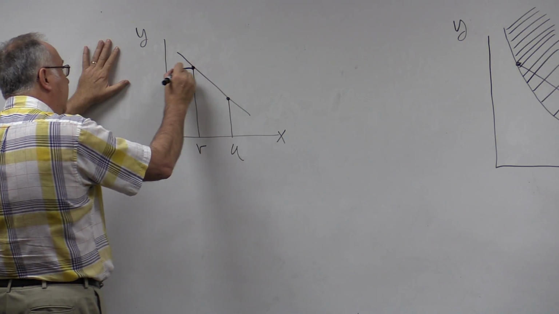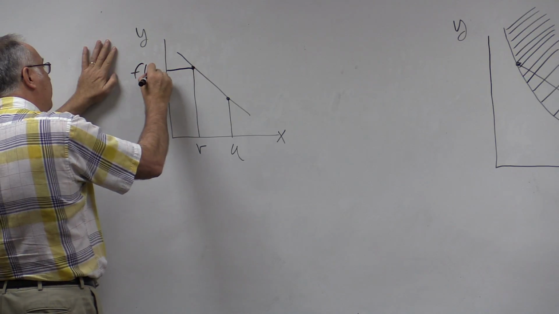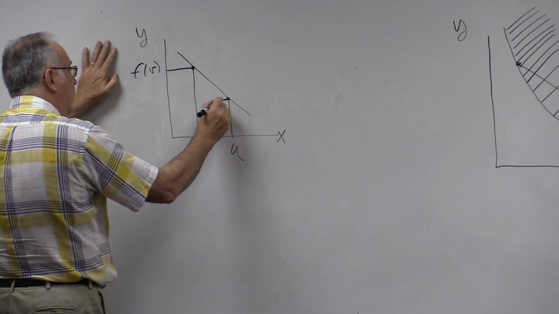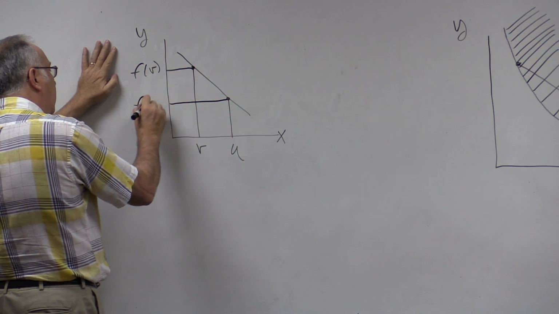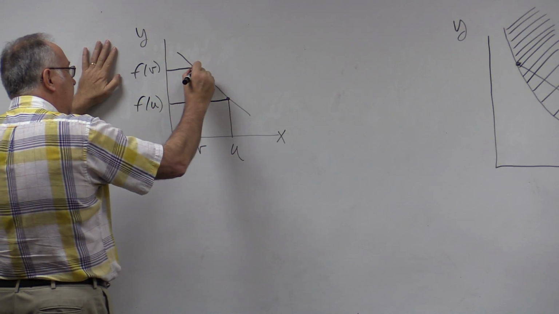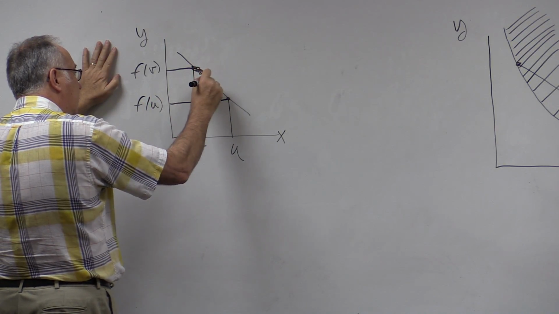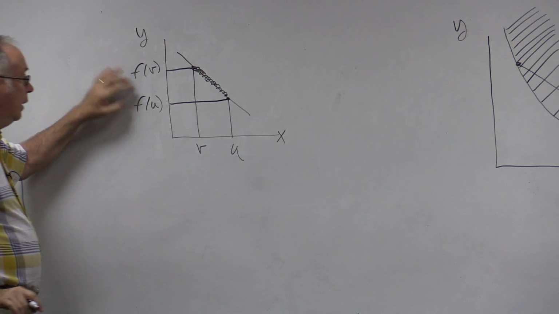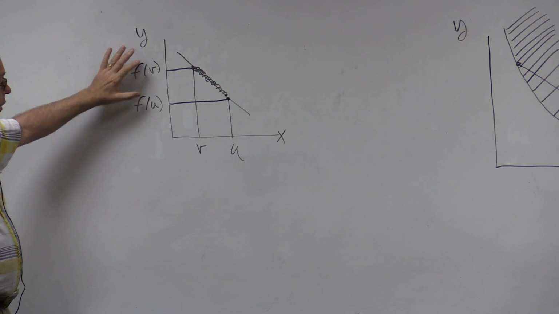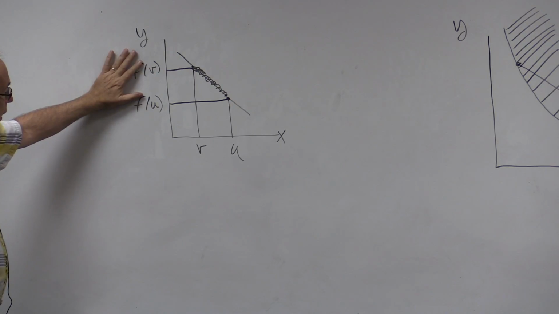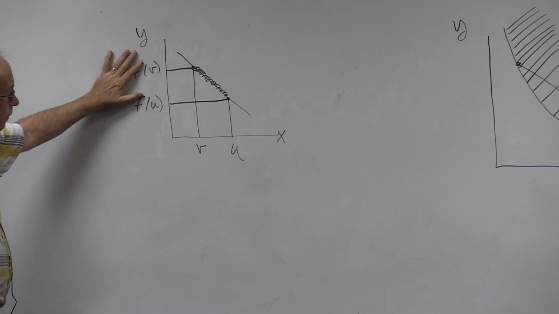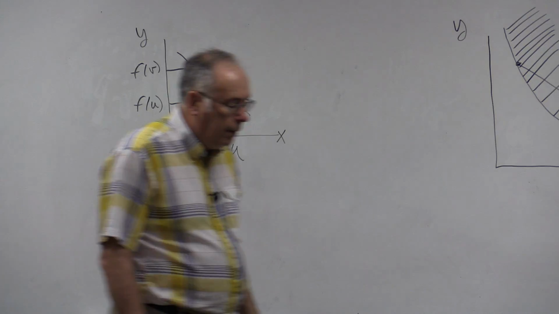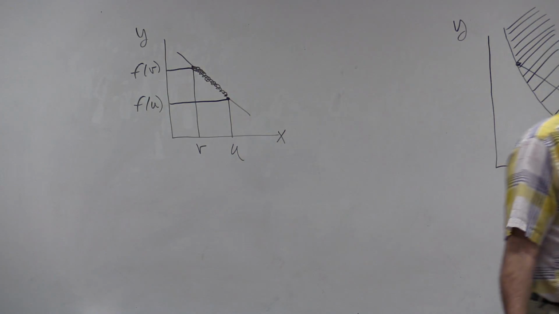Notice f of v is greater than f of u, and every point on this function is greater than or equal to f of u. So this is quasi-concave, as well as being quasi-convex.